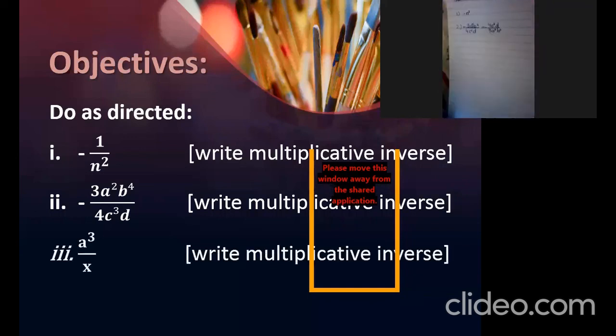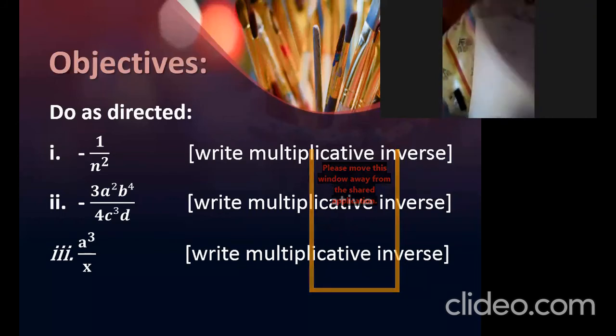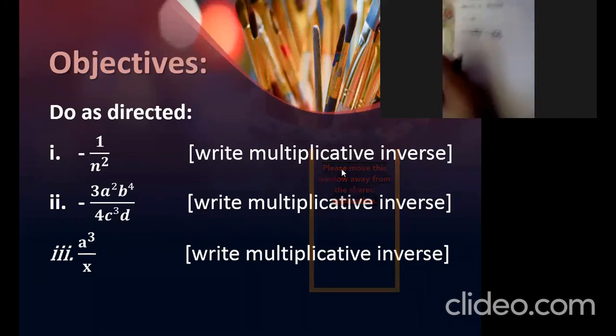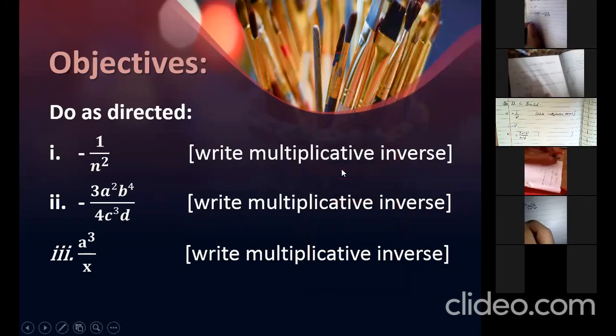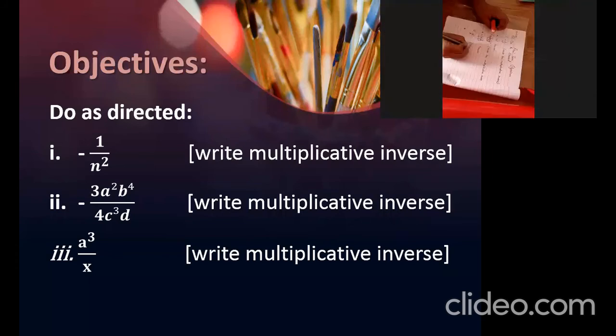Write down the question in front of it, write multiplicative inverse. Now, bit number 3, a cube divided by x. A cube divided by x. Write down the multiplicative inverse of this one as well. That's good. Very good, Marusha.